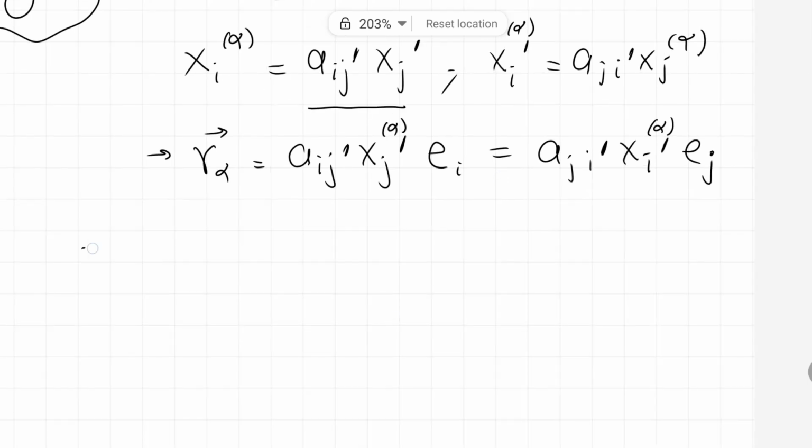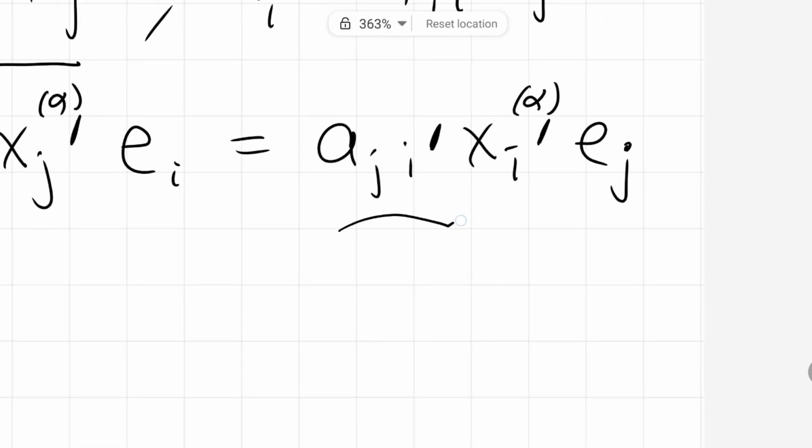Okay, so we are interested in finding the velocity, looking that we are interested in the kinetic energy of the rigid body. So that means that r alpha dot is going to be equal to the derivative with respect to time of this quantity. But again, remember that the components in the prime basis don't change because the primed coordinate system is fixed to the rigid body.